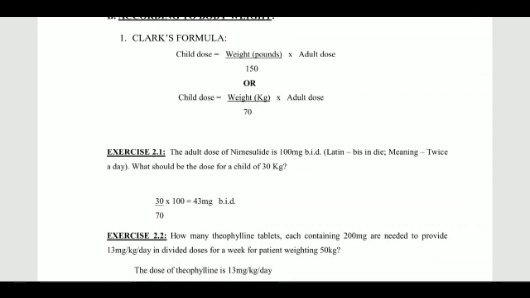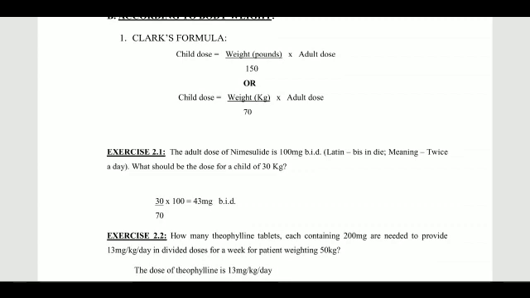Example: the adult dose of Nimesulide is 100 mg taken twice a day. What should be the dose for a child of 30 kg? The average adult dose is 100 mg and weight is 30 kilograms. Since the weight is expressed in kilograms, we use the second formula.